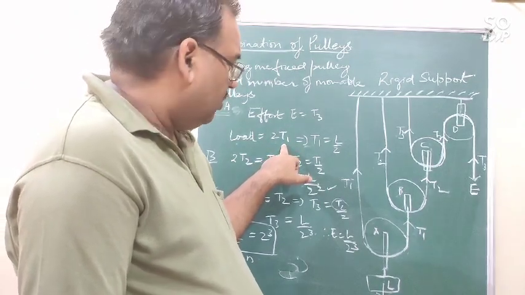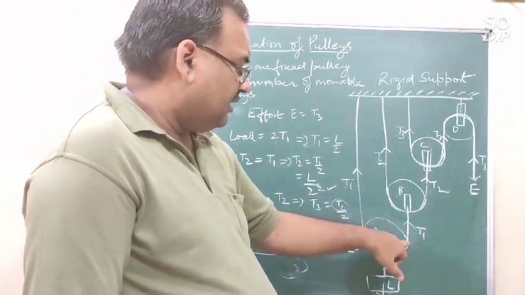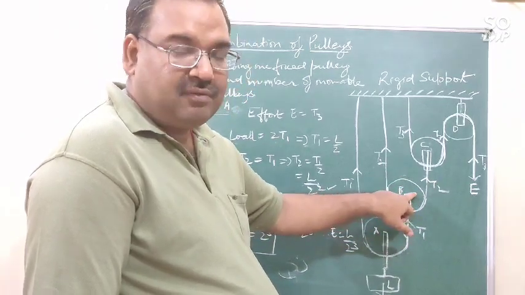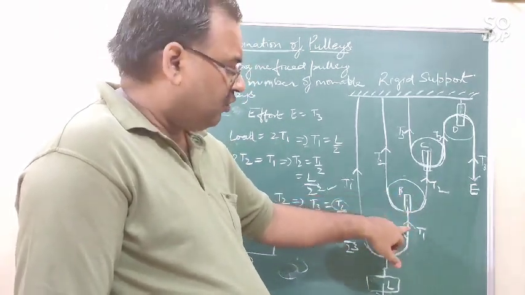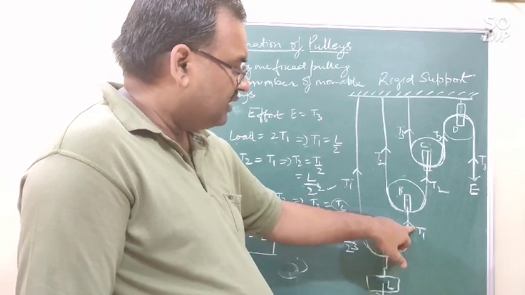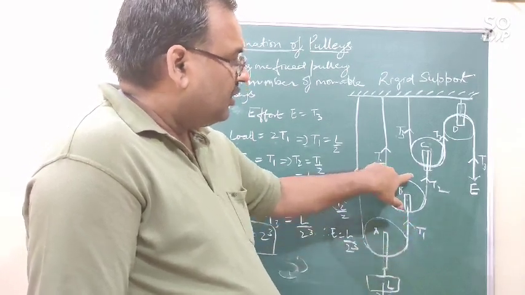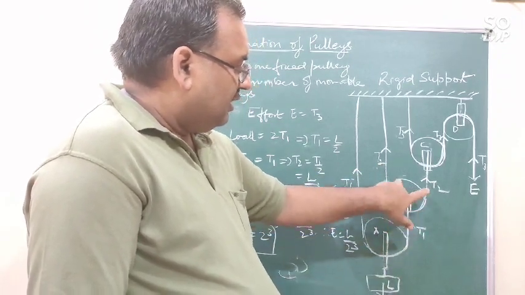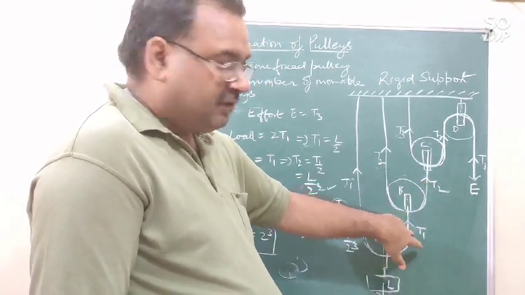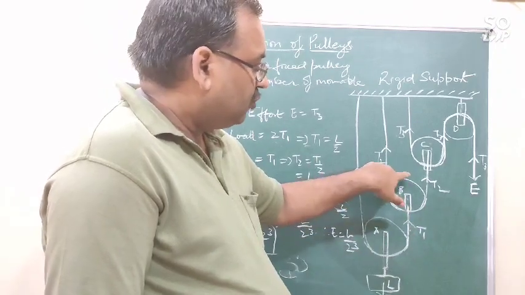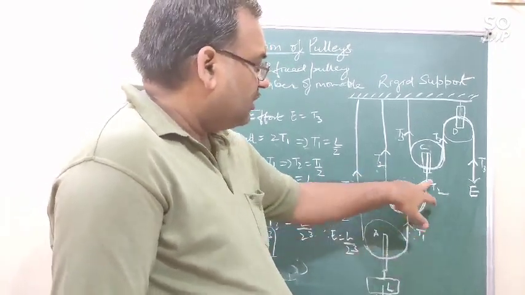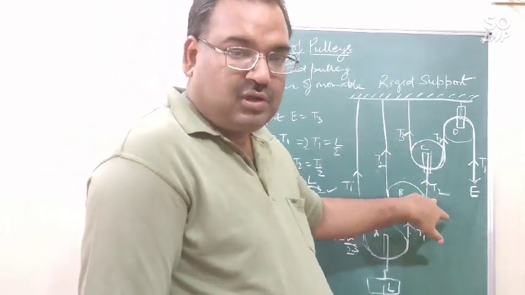Now this tension T1, this string is being attached to the pulley number B, which is another movable pulley. So all this load T1 is supported by T2. Twice T2 is equal to T1, and then twice T3 is equal to T2.